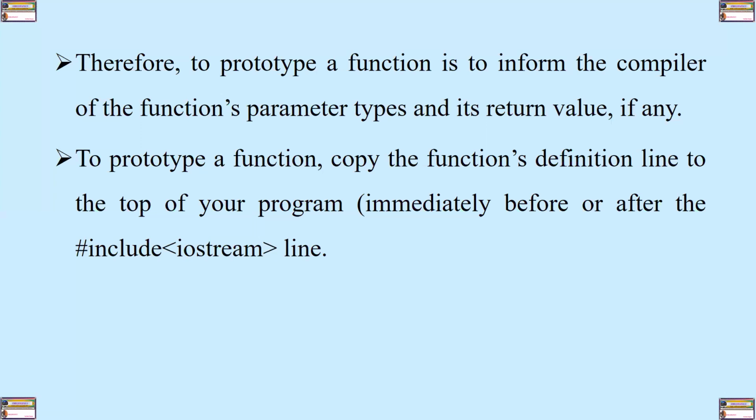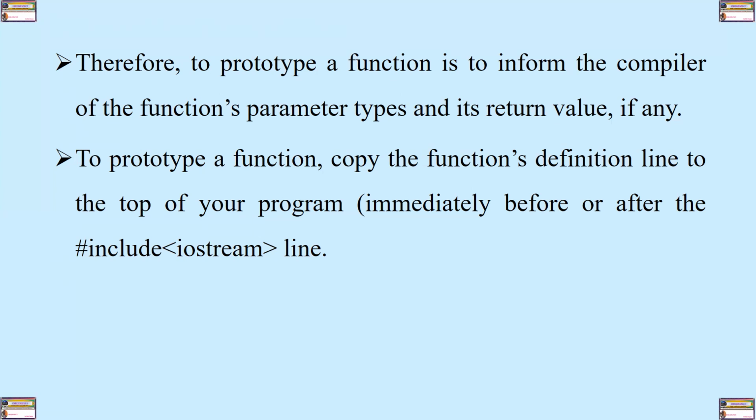Therefore, to prototype a function, in other words, to make the compiler aware of the existence of the functions that you are going to use that have been defined after the main, it is good to always prototype. Prototyping is simply making the compiler aware of the existence of a function.